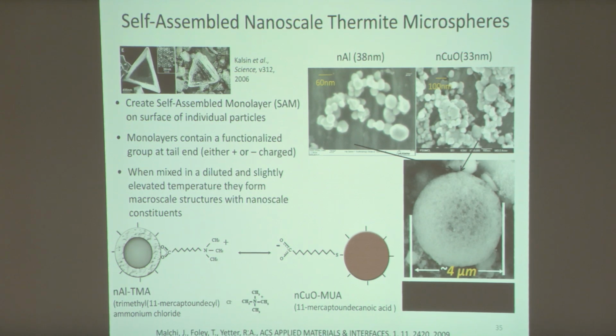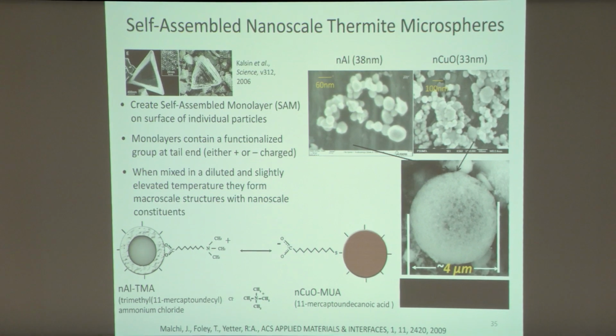Here's an example of using self-assembly to make a fuel oxidizer system. This was based on making a thermite mechanism, and it used electrostatic forces.